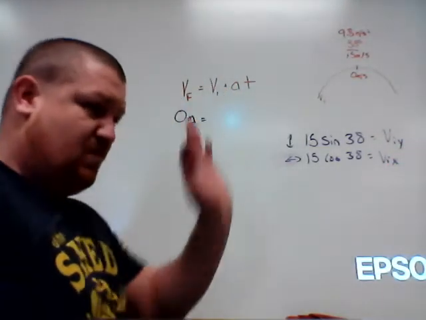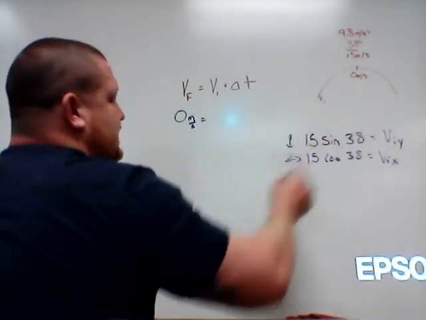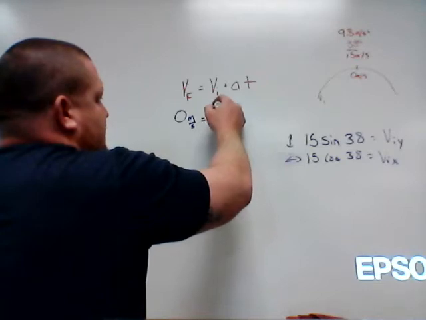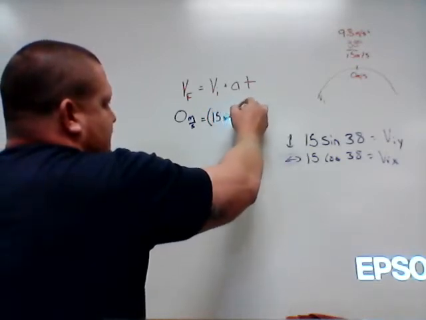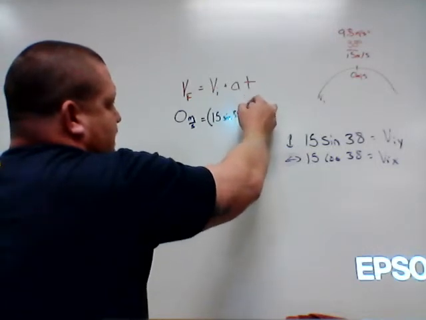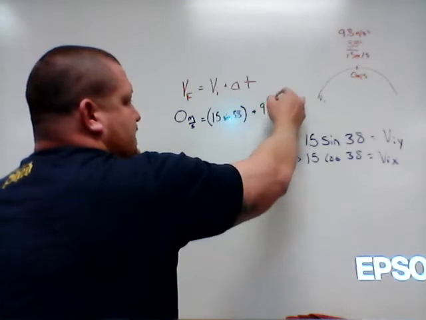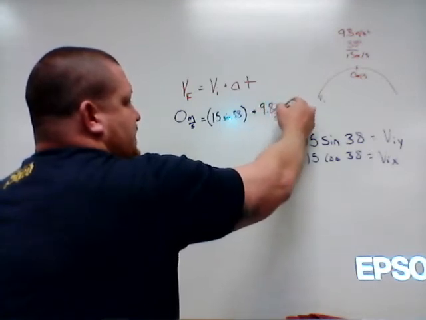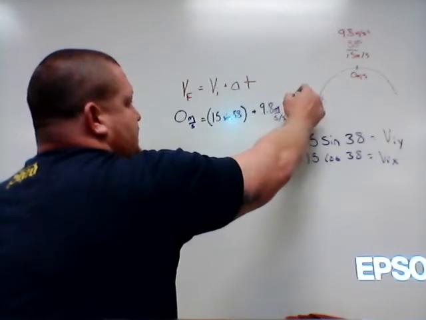In this case, we're talking about vertical motion, so we can sub this in. It'll be 15 sine 38 plus our acceleration, 9.8 meters per second squared, times t.